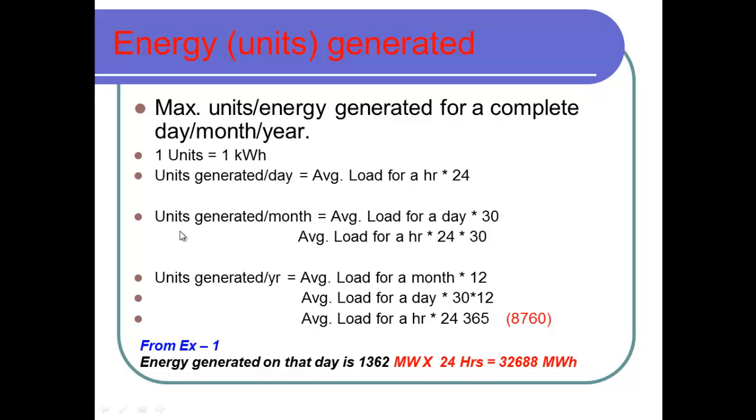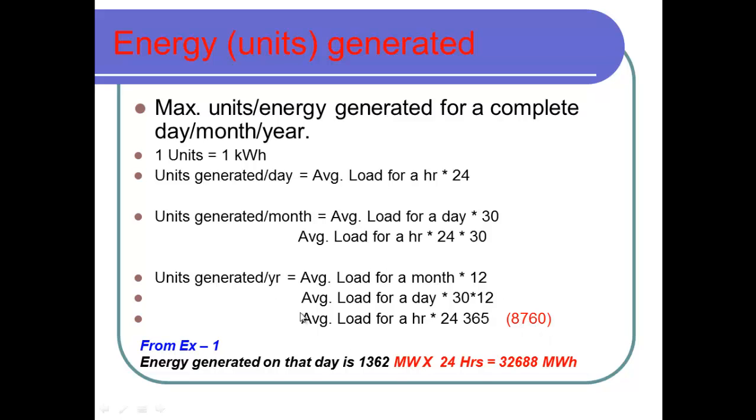If you want to calculate units generated per month, and your average load is in terms of a day, then we multiply with 30. Suppose the average load is for an hour, then we multiply by 24 into 30. If you want to calculate annual energy consumption or generation, then we go for 24 into 365 days, that is, the total number of hours per year is 8760 hours. Simply we have to multiply this term.